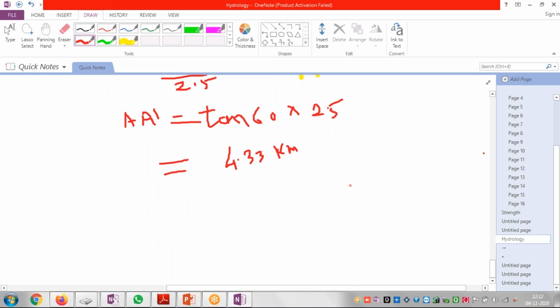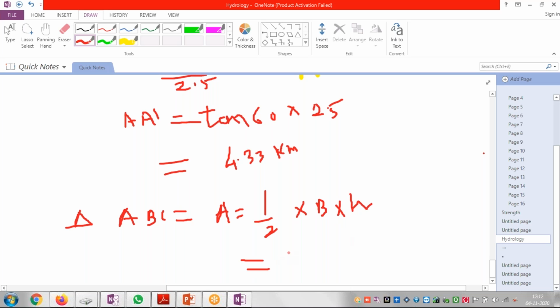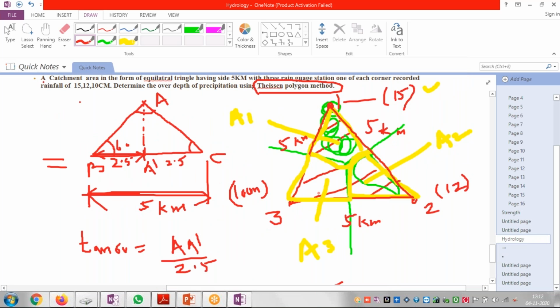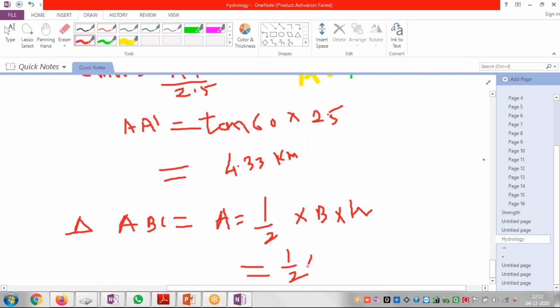Now, once we know the height and we know the base, we will find the area of triangle ABC. What would be the area of triangle ABC? Area will be half base into height. Base is 5 kilometer, yes, the base is 5 kilometer. This height we have found out, that is 4.33.